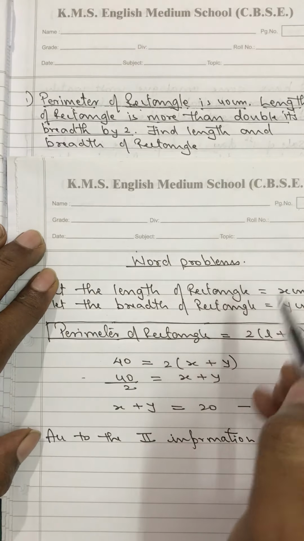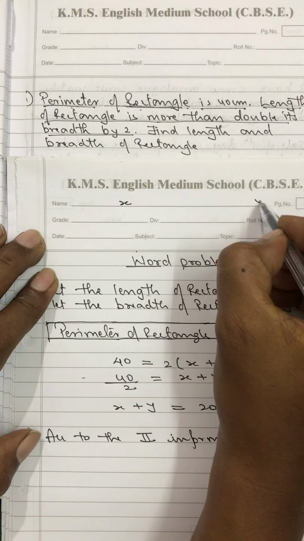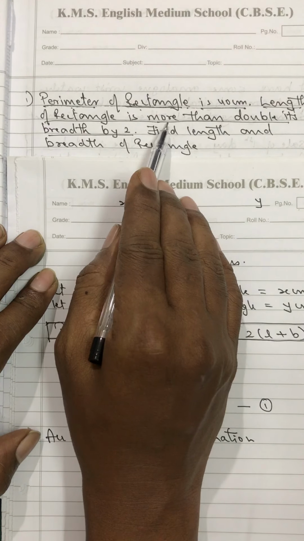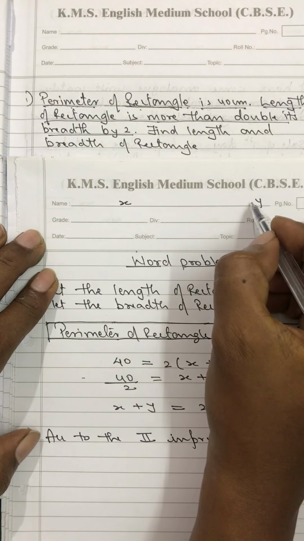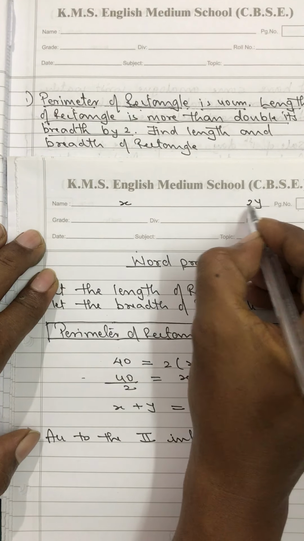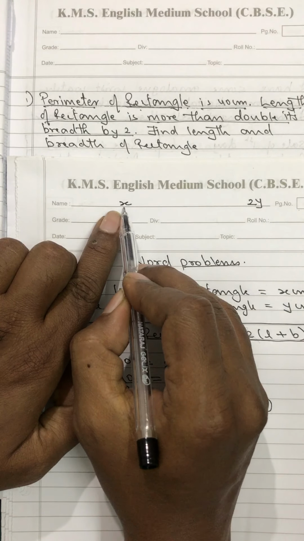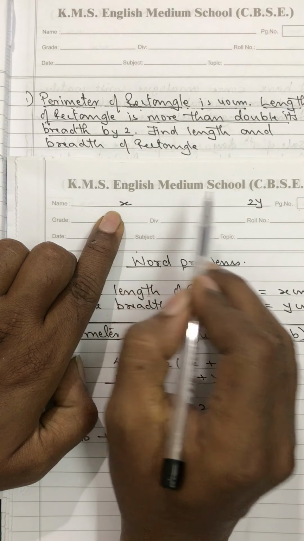Length of a rectangle, length is what? x. Comparison is between length and breadth. Length of a rectangle is more than, comparison is between whom? Double its breadth. This is length, this is breadth. Double is breadth. This is more than double its breadth by 2.